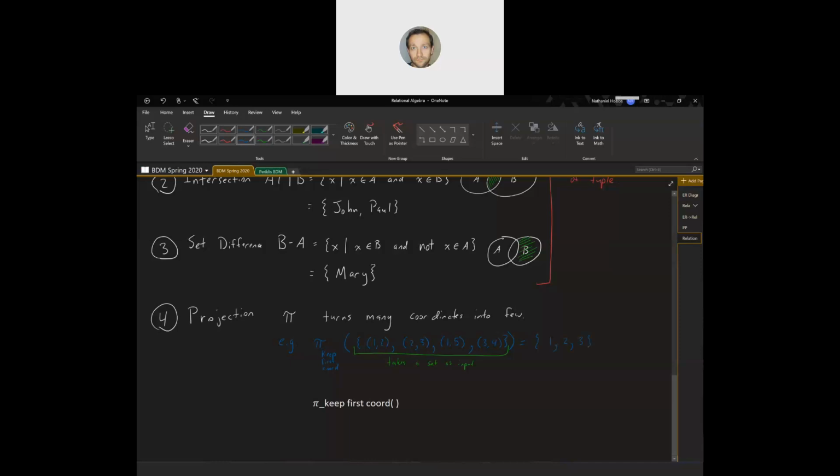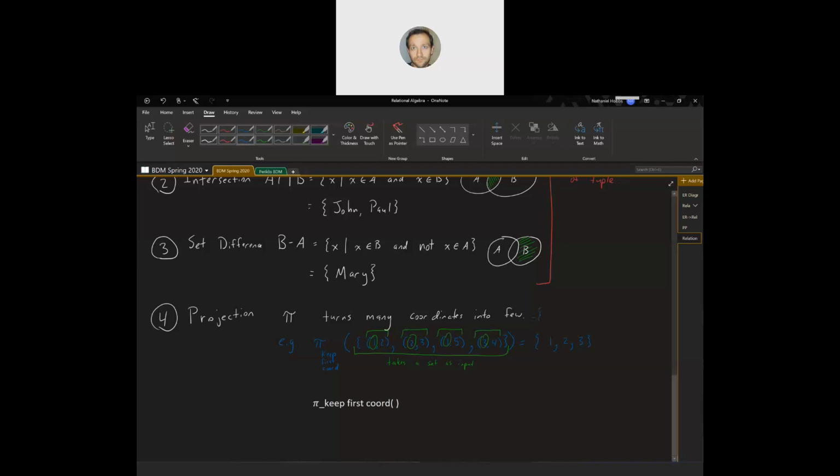Now, there's one thing to notice here. I'm calling it keep the first coordinate. What that means is for each element, I'm going to keep the first coordinate. So there's a 1, there's a 2, there's a 1, and there's a 3.